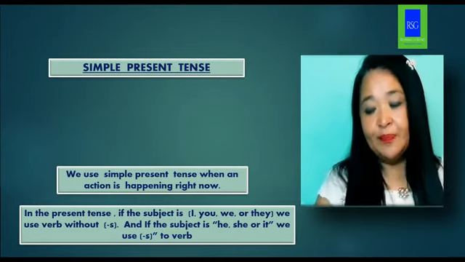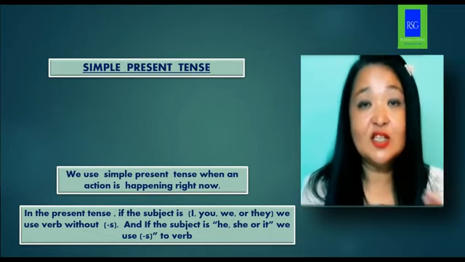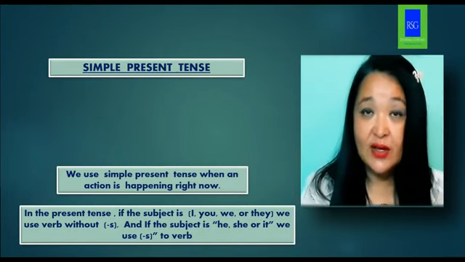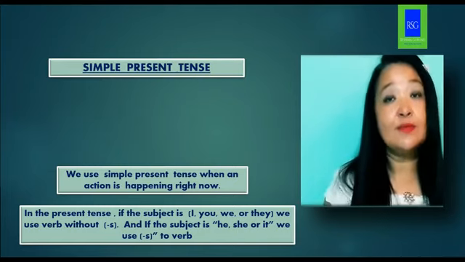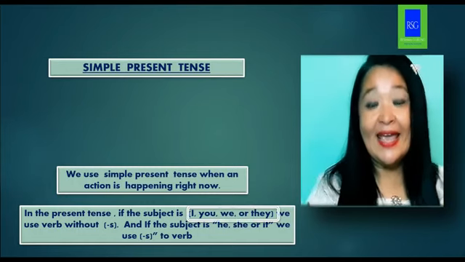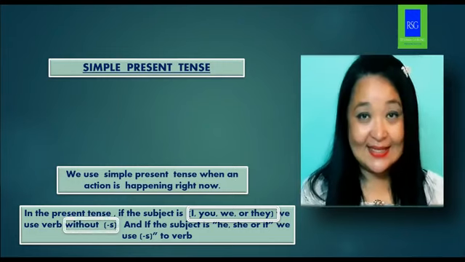In present tense, if the subject, which means a doer who is performing an action, is I, you, we, they, then we use the verb without s.